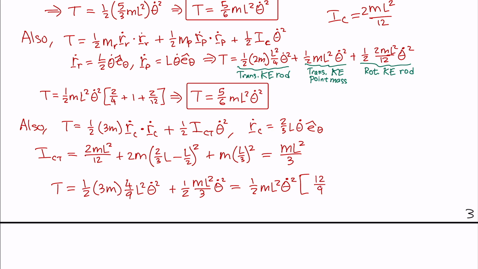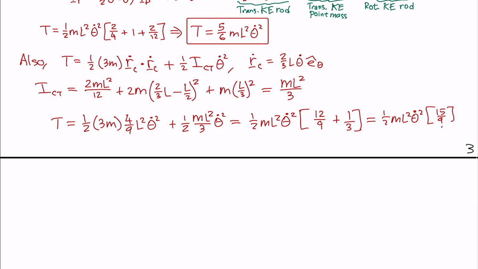So we have 3 times 4/9 plus 1/3, this ends up being equal to 1/2 mL squared theta dot squared times 15/9, which lo and behold is 5/3, such that again we find this kinetic energy is 5/6 mL squared theta dot squared.